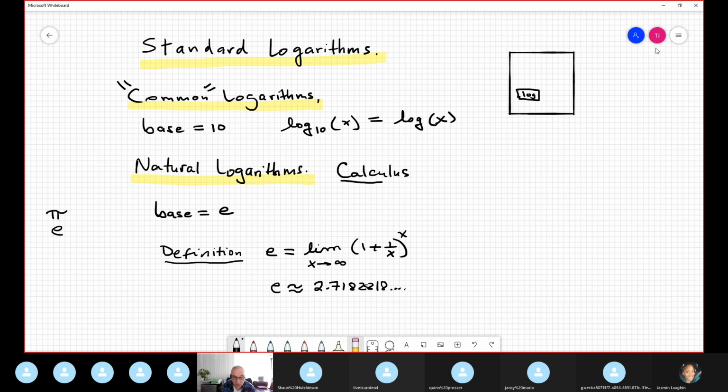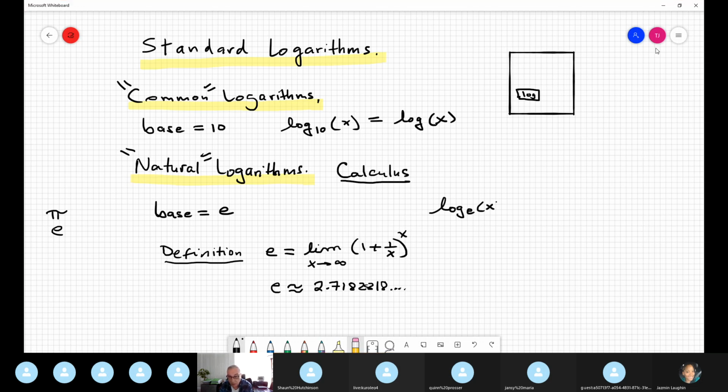However, in calculus, the student will often need to use the natural logarithm. Okay, and what is the symbolic way? One of the symbolic ways is logarithm base e of x. No, nobody writes like that. Everyone writes like that.